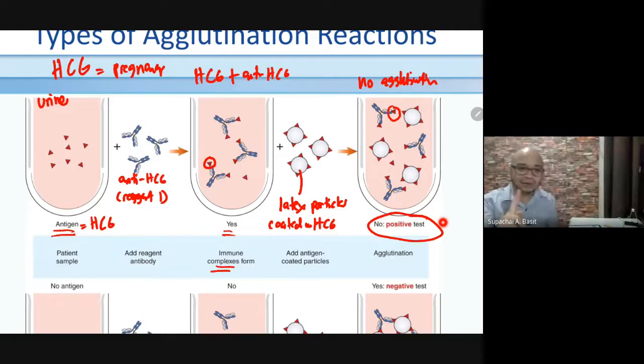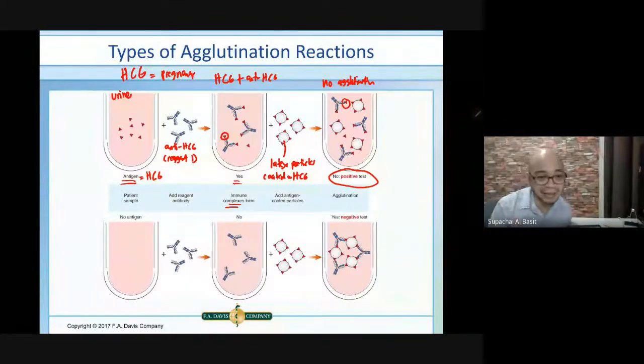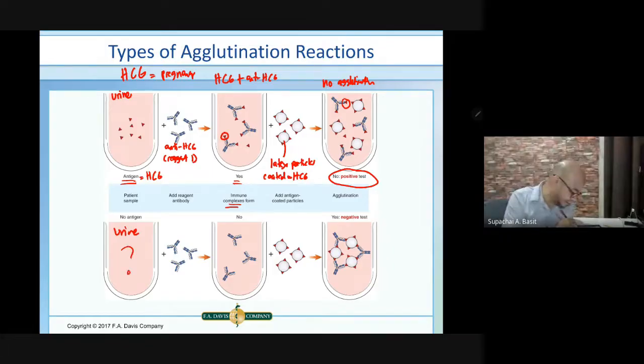Let's take a look at a negative sample. Here's how a negative sample will look. So this is the patient urine. Since the patient is not pregnant, the HCG is not present in the urine. So even if you add a reagent antibody, it will remain unbound.